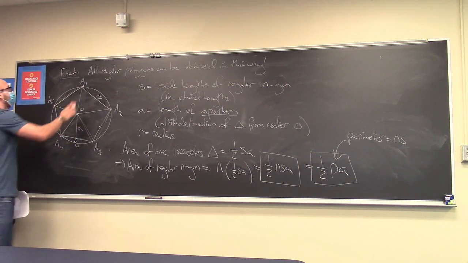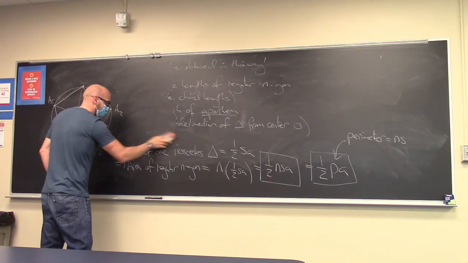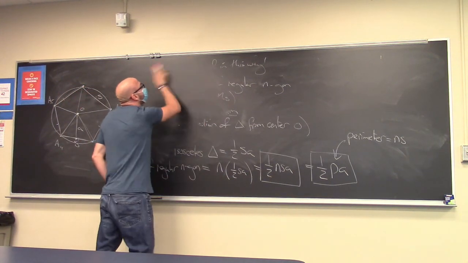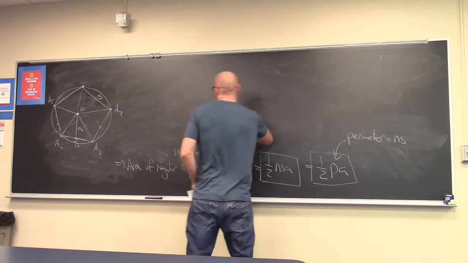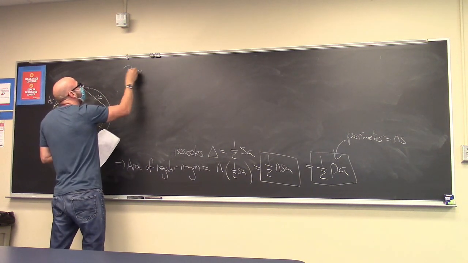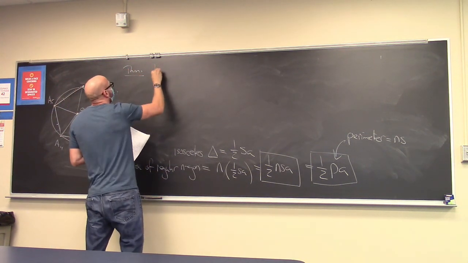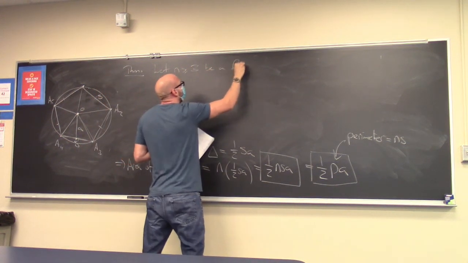So I promised a short class today, we'll just make one more statement. I will call it a theorem. It is a big theorem, but we'll state it without proof. And it's the following. Let n bigger than or equal to 3 be a fixed integer.